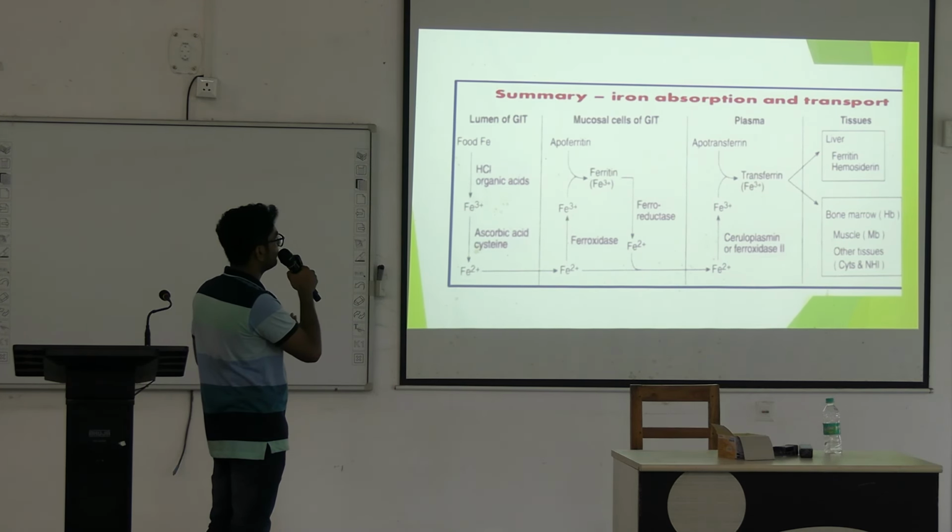There apotransferrin converts ferric to transferrin. Then there is uptake in tissue: transferrin is stored in the liver as ferritin and hemosiderin, in protein form as hemoglobin, in muscle as myoglobin, and in other tissues like cysteine.